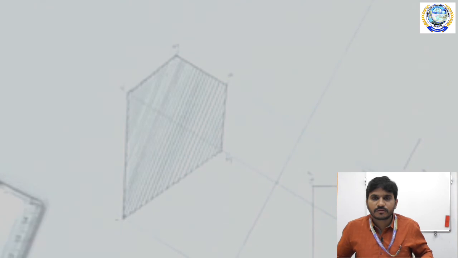This is the final true shape of a square prism.